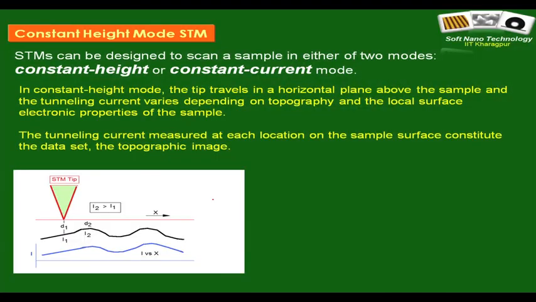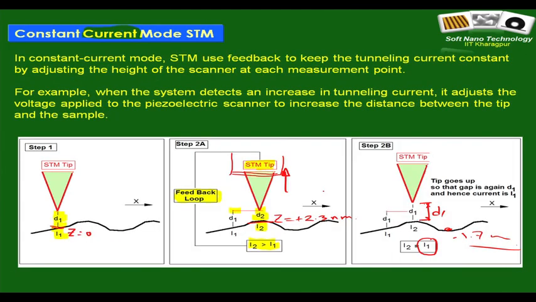One thing should be clear to you now, in order to generate a 3D reconstructed image of the true surface, you need some sort of a variation, and in the constant height mode the variation was directly in the magnitude of the tunneling current.